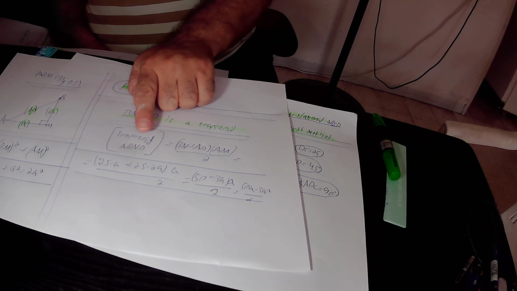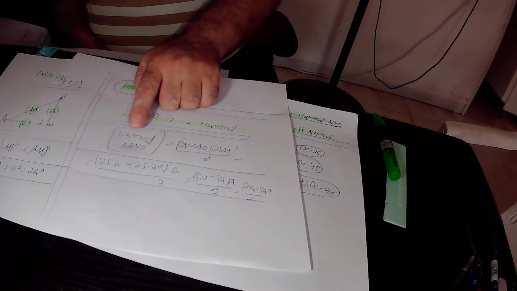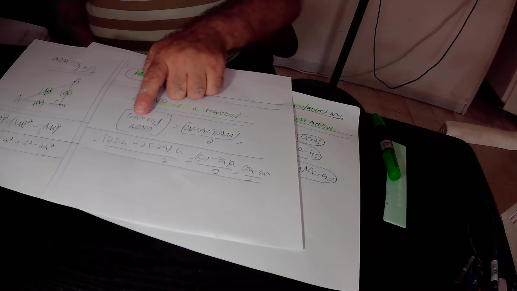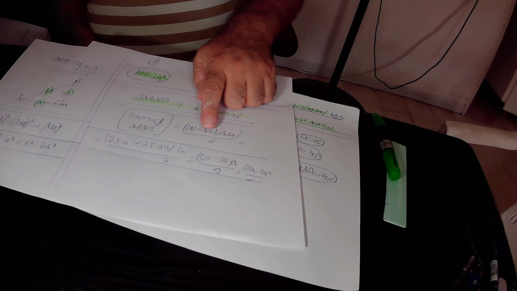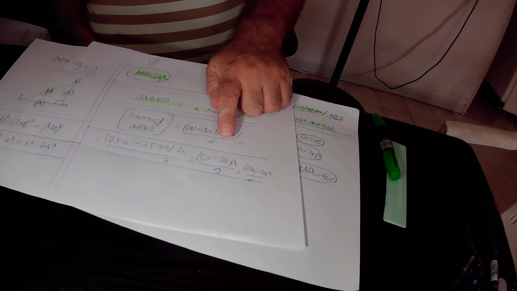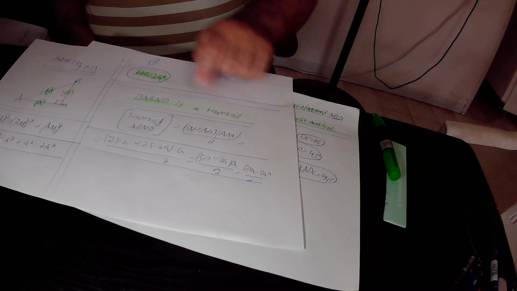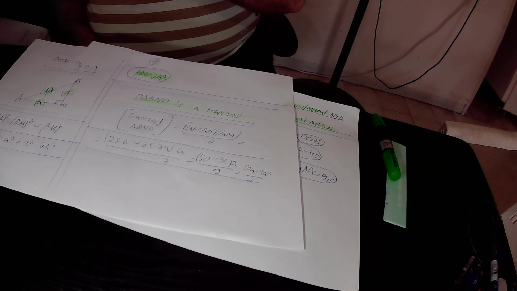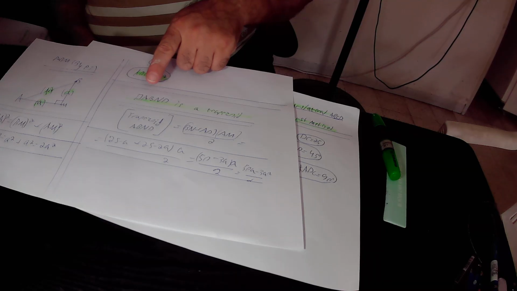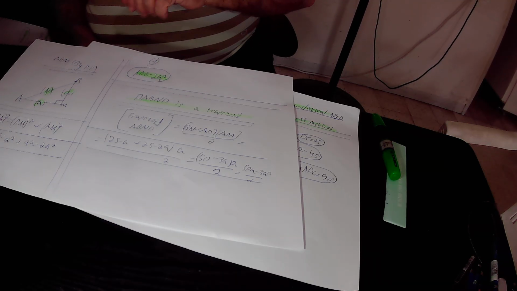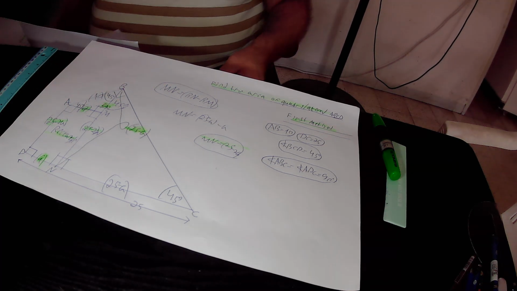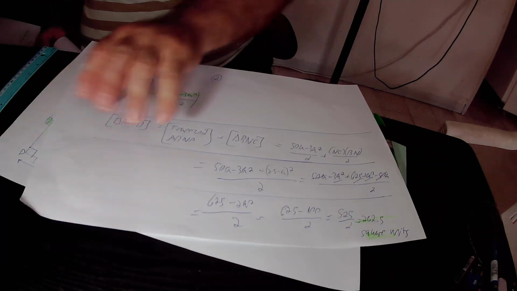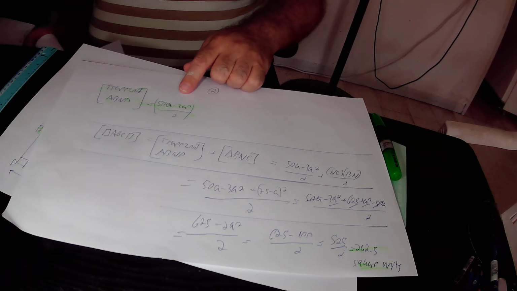We have 25 plus 25 is 50, minus A minus 2A is minus 3A, times A over 2. 50 times A is 50A, and minus 3A times A is minus 3A square, over 2. So in total, we found out that the area of trapezoid ABND equals 50A minus 3A square over 2. Okay, again, we found out that the area of this trapezoid ABND in total equals 50A minus 3A square over 2.